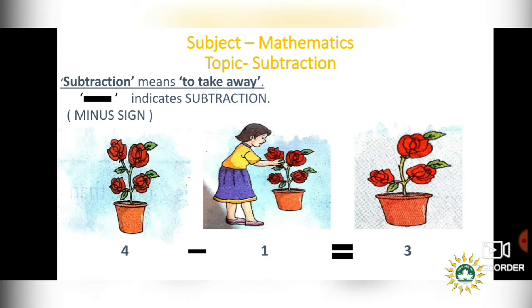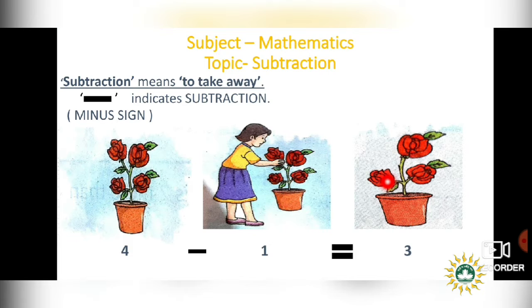So here's another example. There are 1, 2, 3, 4 flowers on a rose plant. Pinky plucked 1 flower. So how many roses are there on the plant now? Let's count. 1, 2, 3.